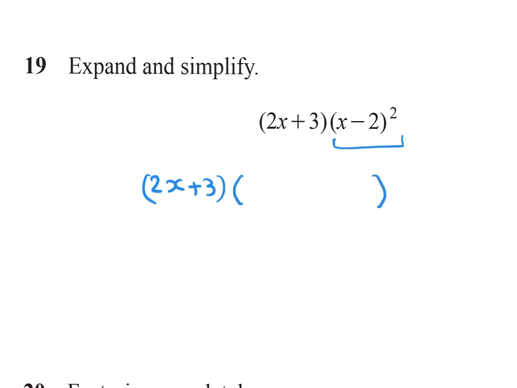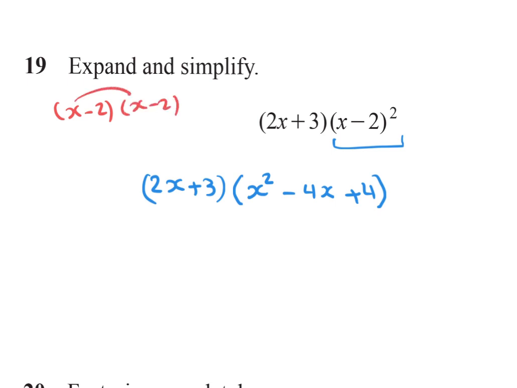X times x equals x squared. Negative 2 times negative 2 equals positive 4. And x times negative 2, negative 2x, and negative 2 times x, negative 2x, so negative 4x. Or you can multiply x minus 2 times x minus 2 to find the answer. You get the same answer.